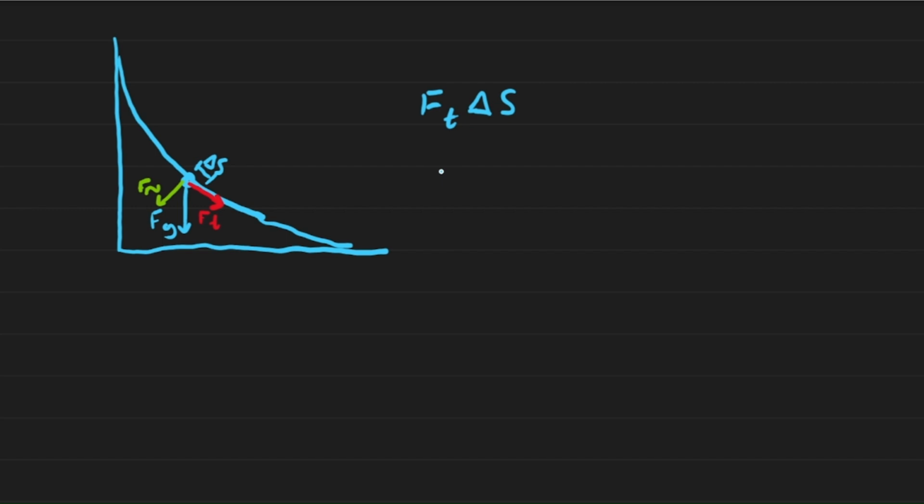So if we wanted to calculate the work done traveling from the top of this roller coaster to the bottom, maybe from point A to point B, then we would have to add up all the chunks of delta S from A to B. So perhaps the work done, or let's call it I, the line integral.